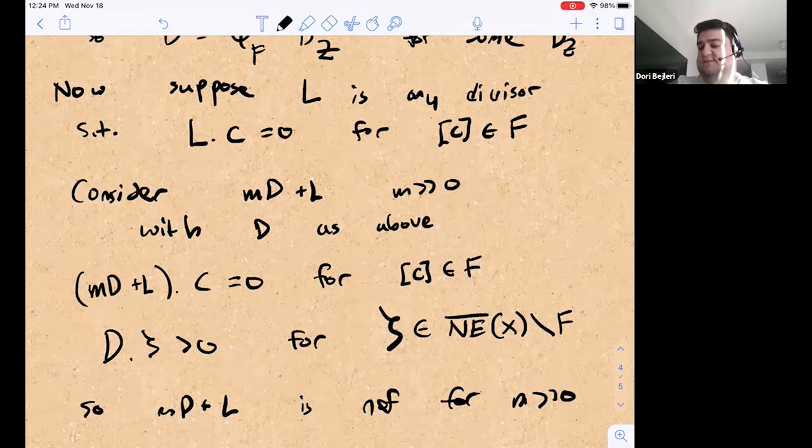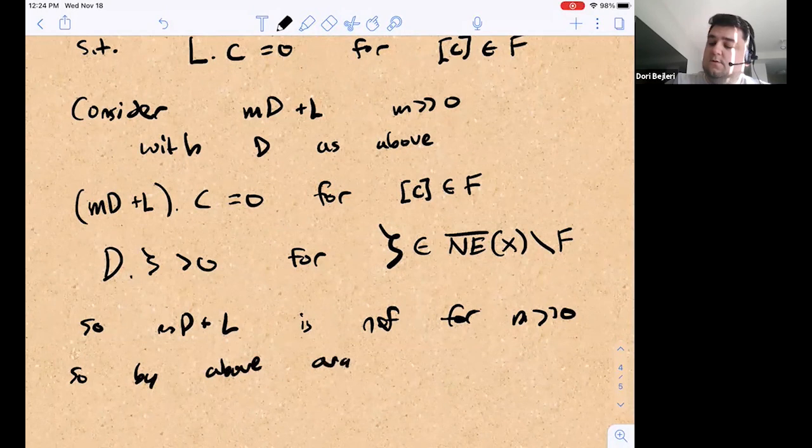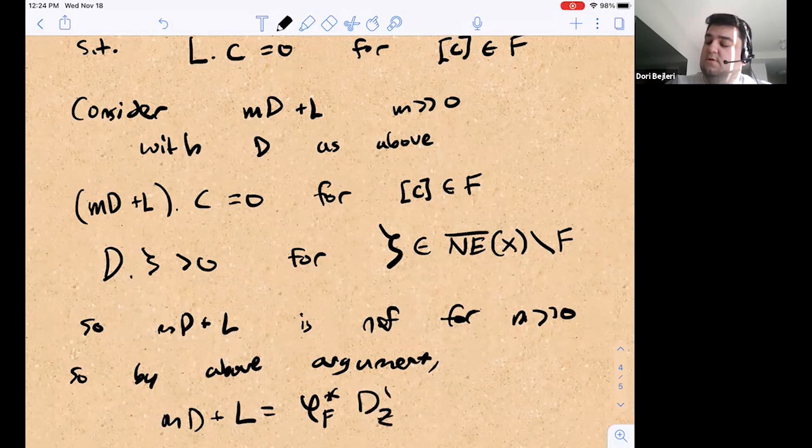So it also induces the same linear series as phi F. And so by our previous observation that nef divisors that induce this extremal contraction are all pulled back, we know that MD plus L is the pullback of some divisor DZ prime.